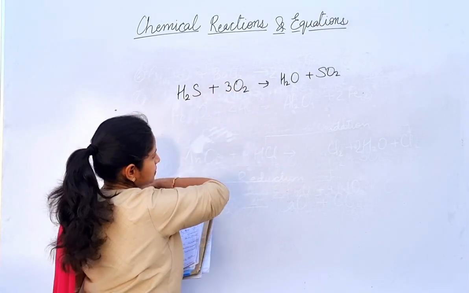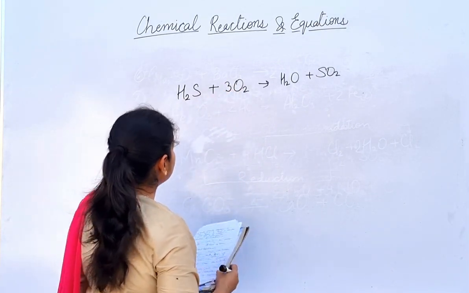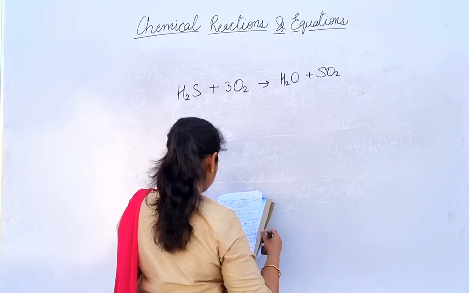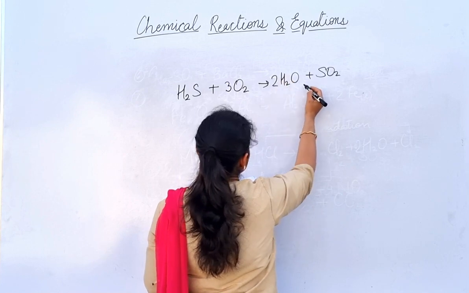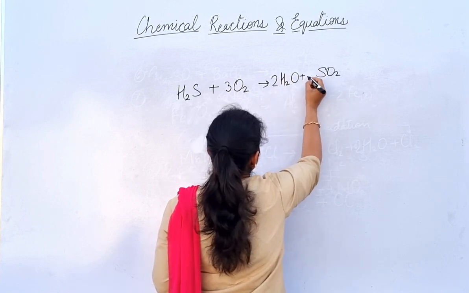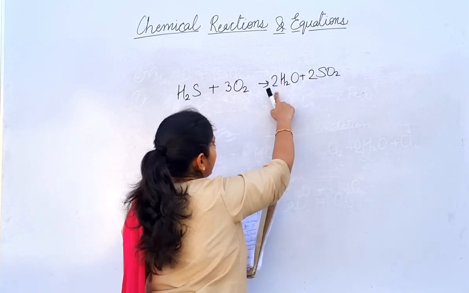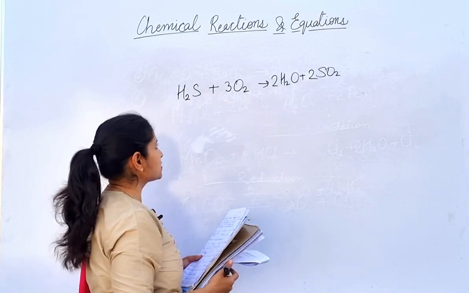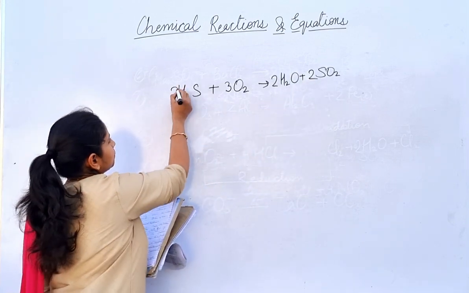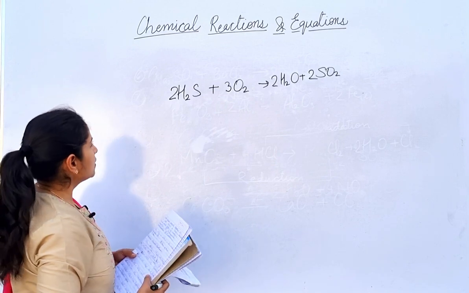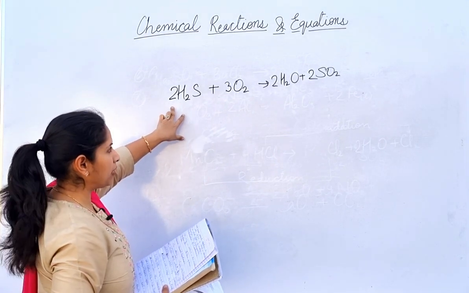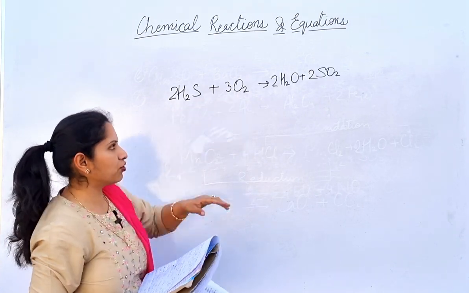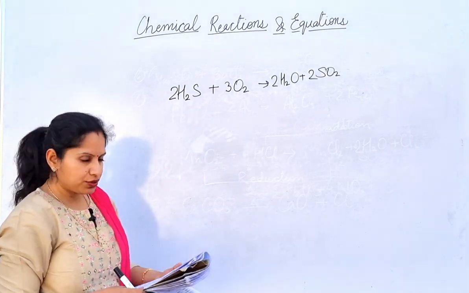So, 6, and there I need to make 2 2s are 4, and 4 plus 2 is 6. So my oxygen is balanced, and here also I have to multiply it with 2 so that hydrogen and sulfur are also balanced. Okay.